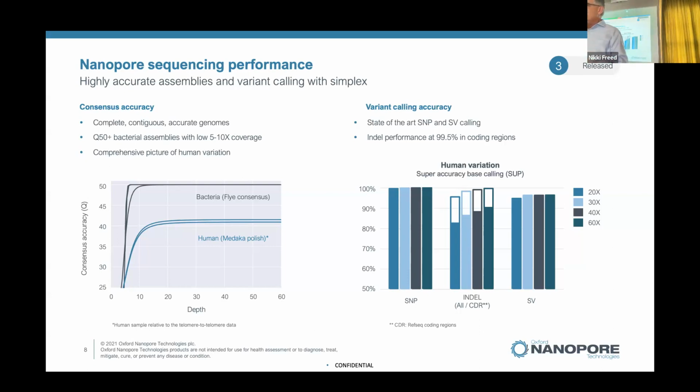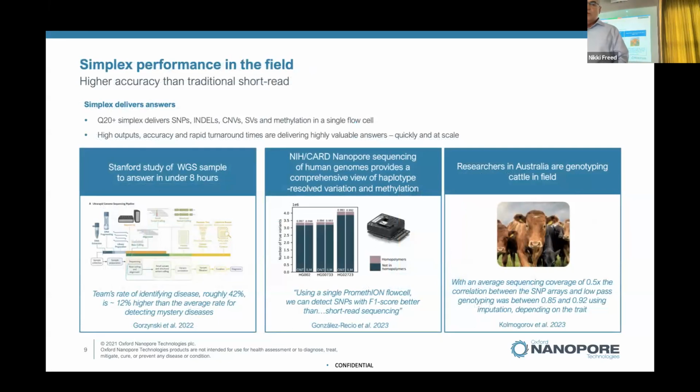And structural variants, 96%, pretty much from 20-fold coverage and above. And that 96% is pretty much the glass ceiling, because we don't have a truth data set that is more accurate than that to compare it against. So I think you can probably assume that's close to 99% accuracy, precision and recall as well. And so with these new higher accuracies across the genome, applications that were borderline previously are now really doable with high quality data.